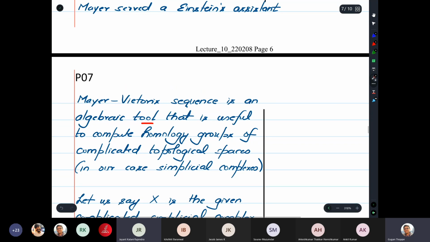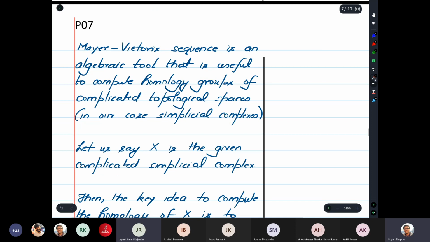Well, it's an algebraic tool. That is the first thing. And this Mayer-Vietoris sequence is going to be useful to compute homology groups or homology spaces of complicated topological spaces. Of course, it is of use in generic setups, but in this whole course we will be making use of it in the context of simplicial complexes, because that's our bread and butter in this course.